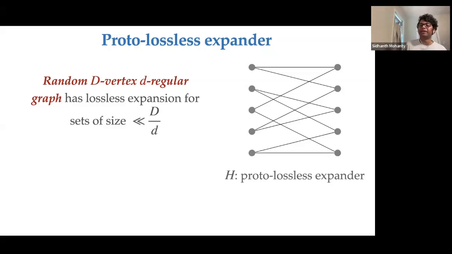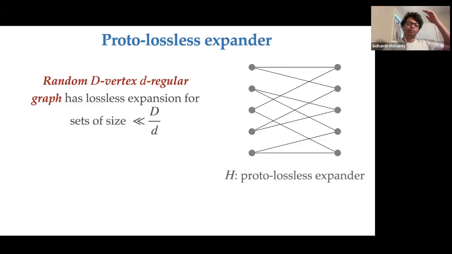But in particular, let me tell you all a more quantitative version of the statement. If you have a random graph with capital D many vertices, and it's little d regular, then sets of size up to capital D over little d have lossless expansion.